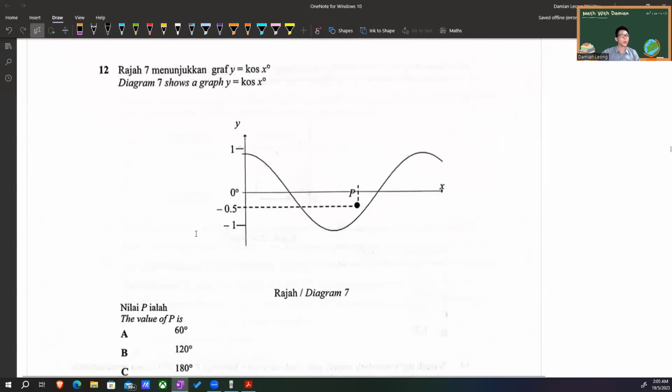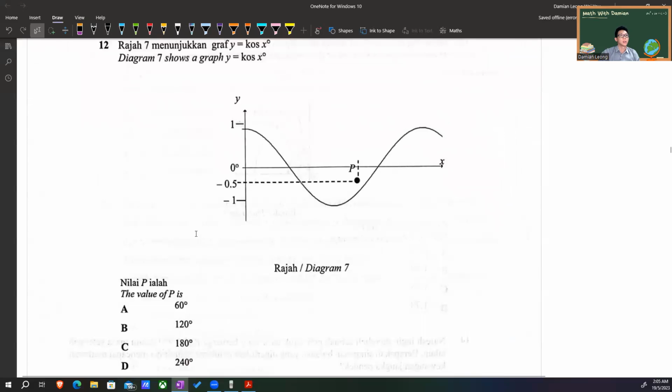Okay, question 12. The diagram here shows the graph of y equals cos x. I want to find the value of p. I think there's something wrong with this diagram.